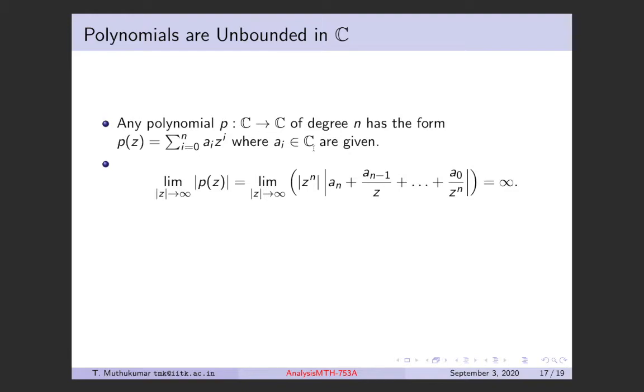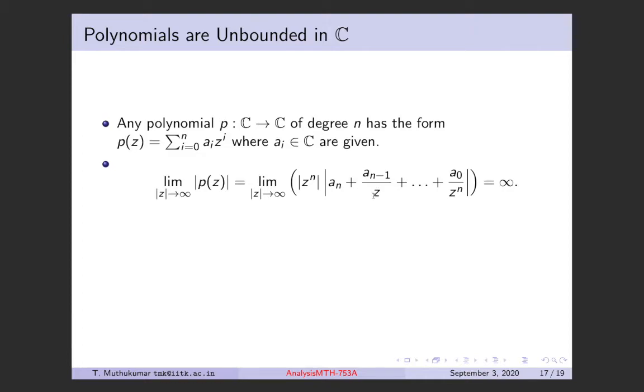A quick way to see this is as follows. If this is your polynomial, then p(z) can be written like this. What we have done here is just taken the leading nth degree variable outside. So once you do that, you have a_n here because z^n goes out. I have taken a mod here, just to show that the modulus itself is going to infinity. So I've taken mod z to the power n.